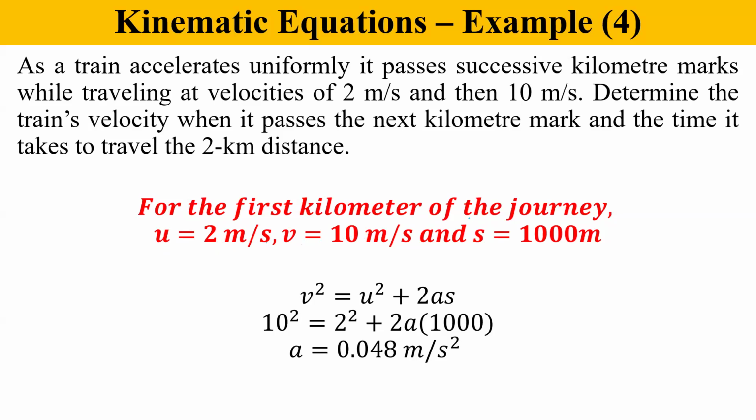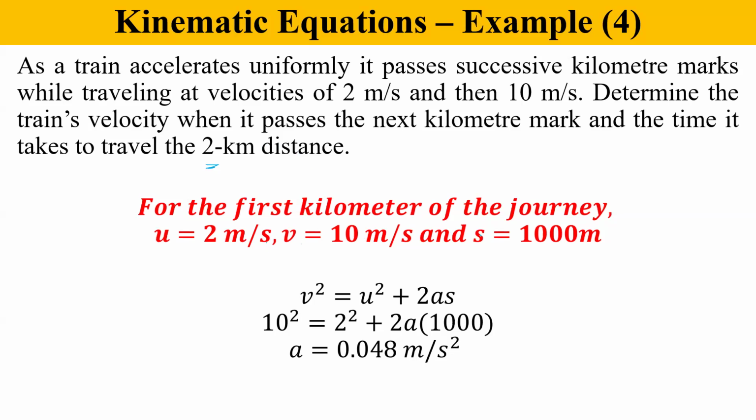The distance now, 2 kilometers, means that you will have to do some conversion there. It says it's traveling a 2 kilometer distance, so determine the velocity as it passes the next kilometer mark and the time to travel the 2 kilometer distance.